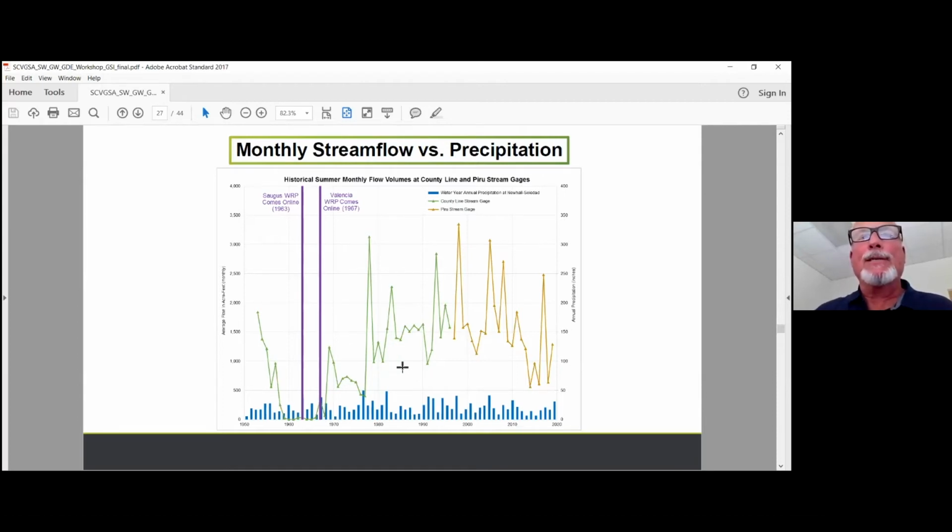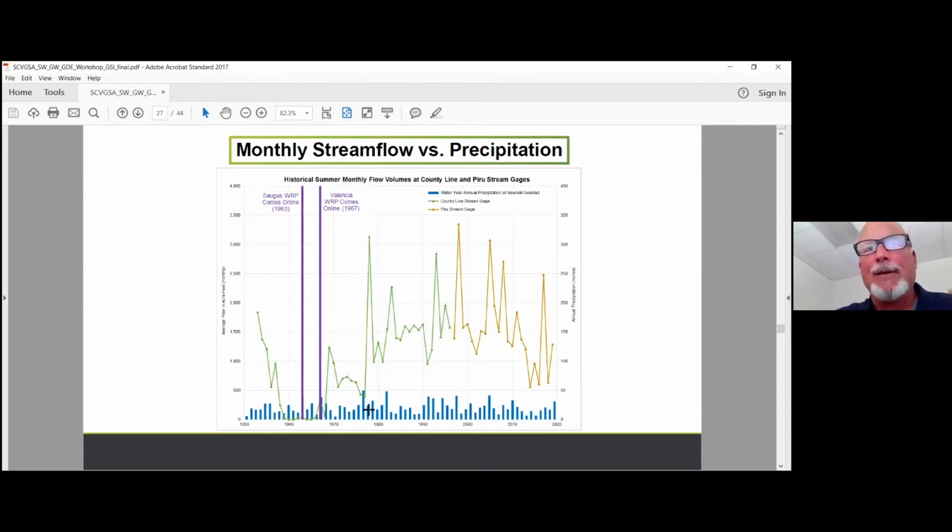And so you see the precipitation data here. I'm sorry I didn't mention this. The blue bars are water year precipitation measured in the basin. And you see this rising stream flow measurement at the gauge.